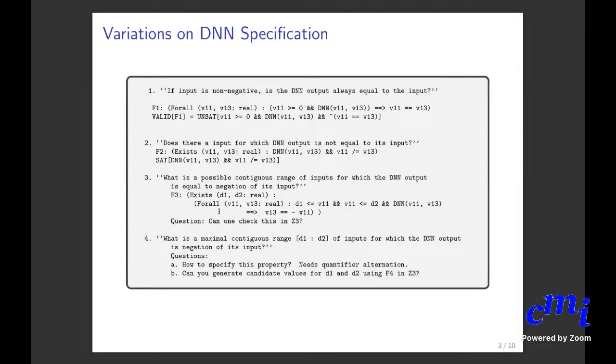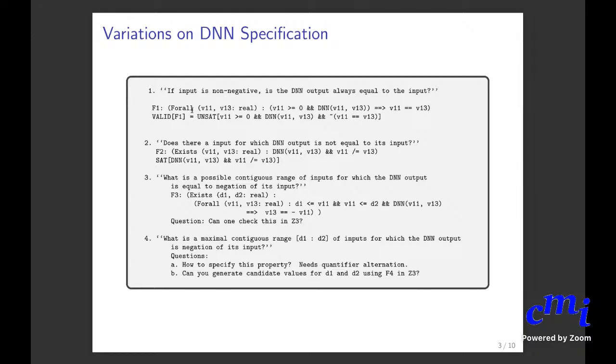Now, here, I have listed 4 properties. The first one is very much like what I just now stated. You want to prove that for every input, if the input is non-negative, then the DNN output is always equal to the input. Then it can be expressed as a universally quantified property.